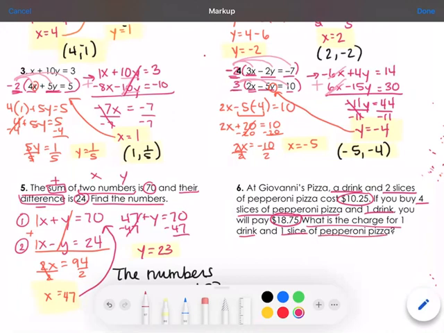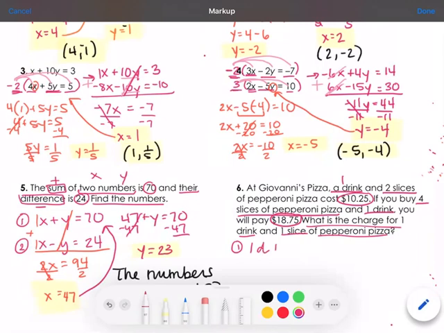Okay, so in this situation, we're basically trying to find the cost per slice and per drink, and they're giving us 2 different orders. In the first order, someone bought 1 drink and 2 slices of pizza. So if we let drink be D and pizza be P, we can write an equation here.